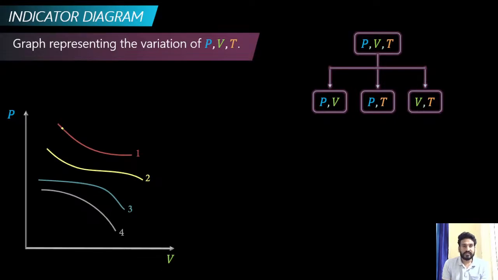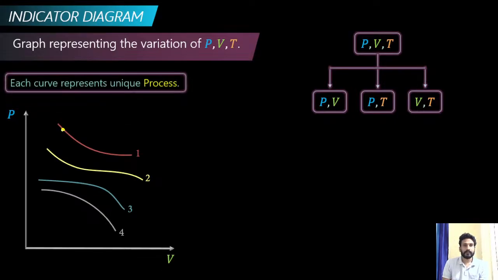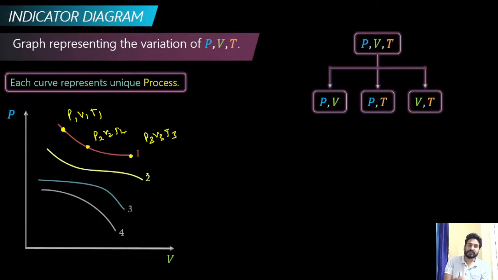Let's suppose this is a state having some values of P, V and T, P1, V1, T1, and this is P2, V2, T2, and here P3, V3 and T3. If we are moving from one state to another state, that is called my process.